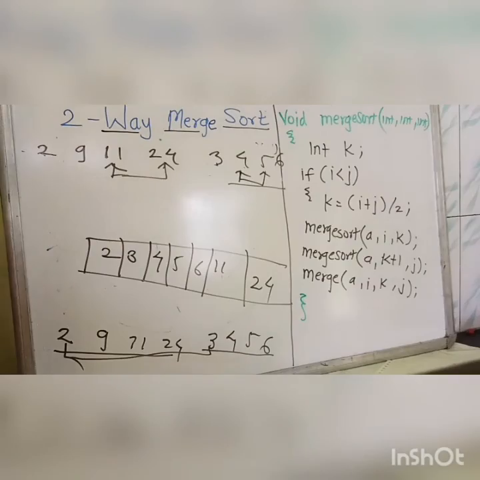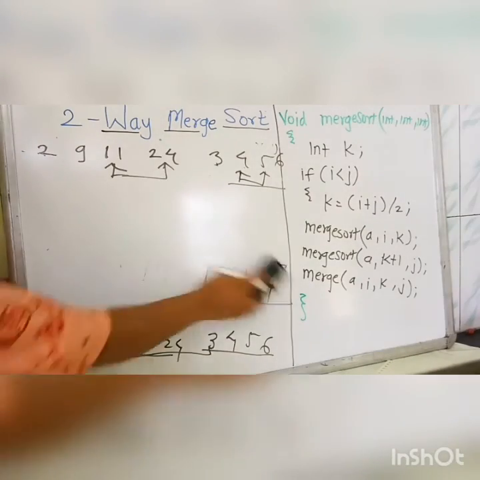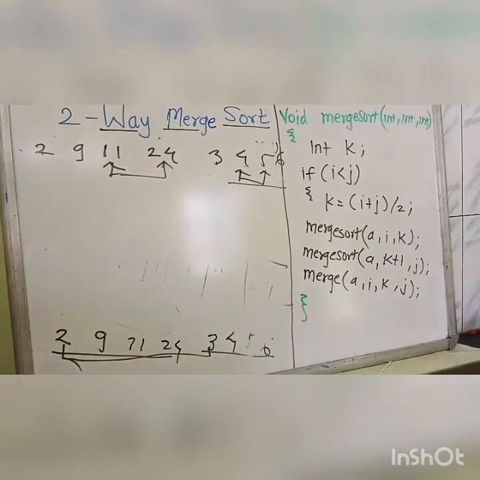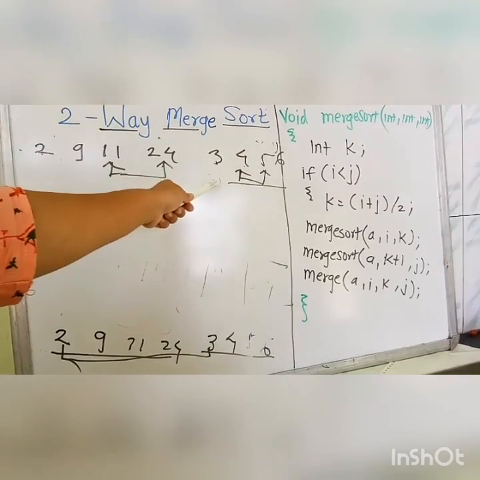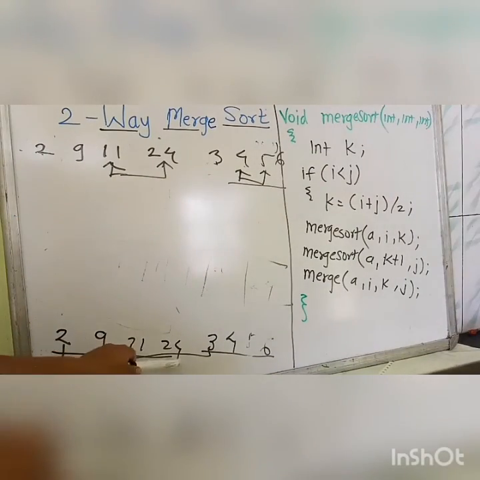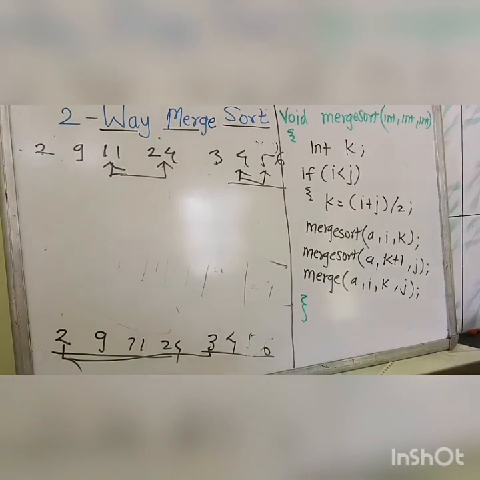This is the whole procedure behind the sorting and merging of the elements while using the merge sort operation. As we have seen here, we divided these arrays into two parts and again merged them into one part. So it is a two-way divide and conquer merge sort technique.